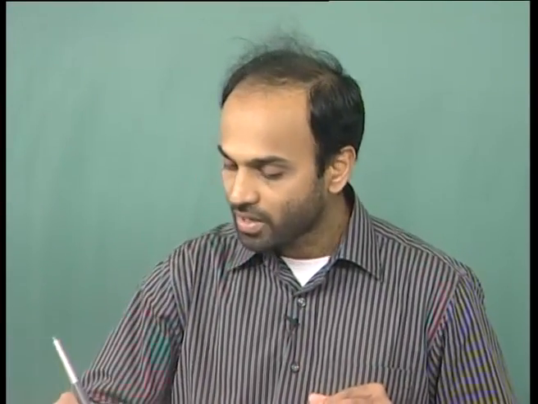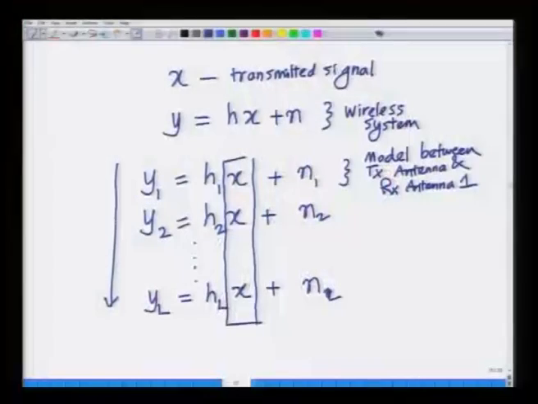So, this is analytically describing what we said through the schematic diagram earlier, that is, the same transmit signal x is now received through multiple links. And how many such links? Precisely, there are L such links, corresponding to Lth order diversity for this system.